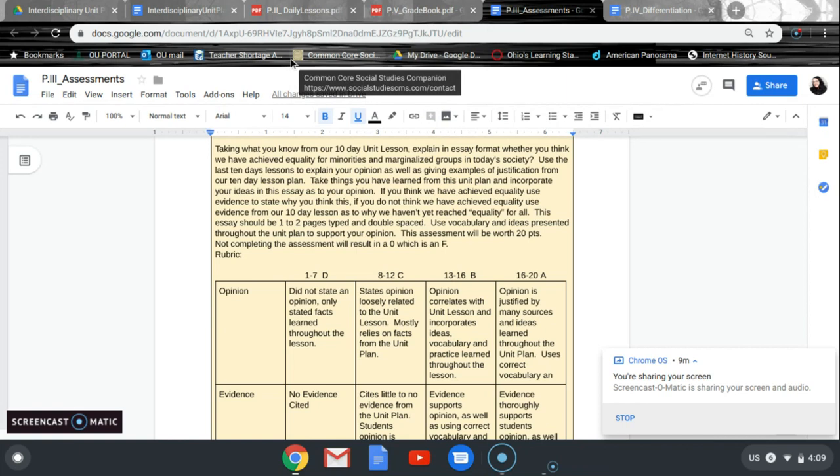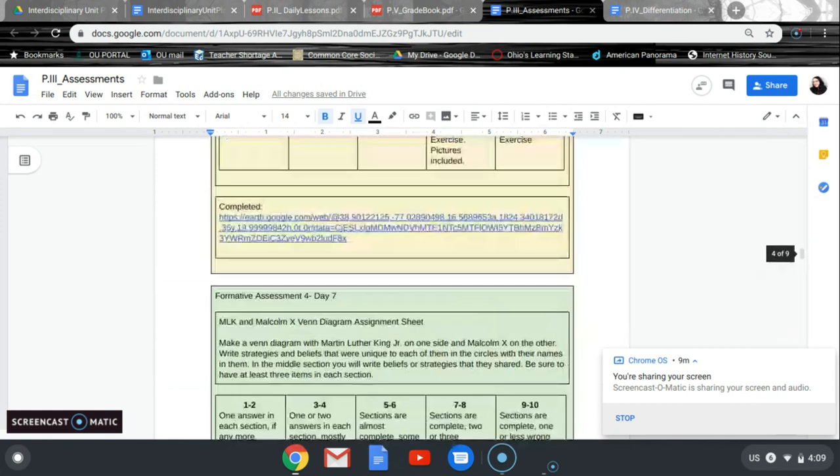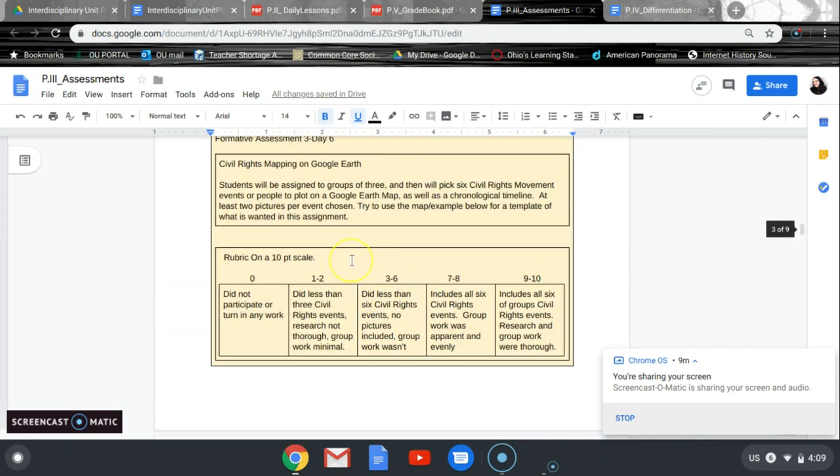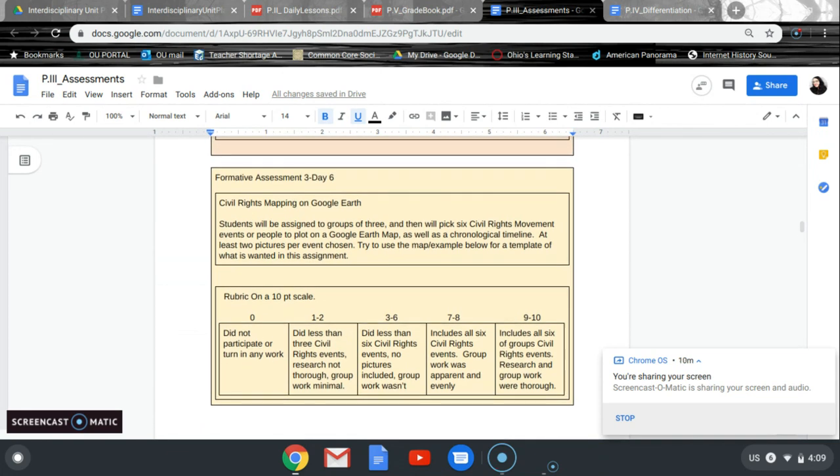Yeah, as for assessments, we had a wide variety, from exit slips to an authentic guest speaker about the civil rights movement in the Jim Crow era. We also had a group project where we mapped civil rights movements in a timeline, chronologically in order, and this was done on Google Earth.